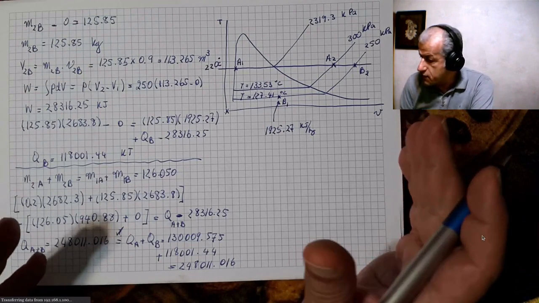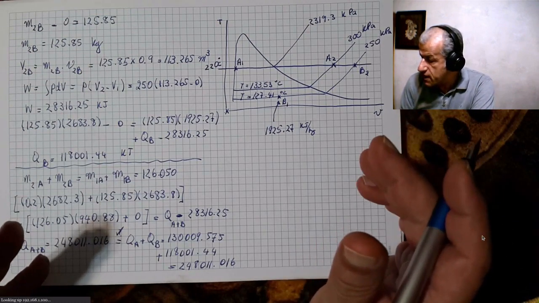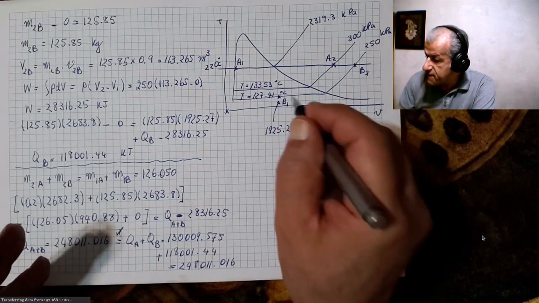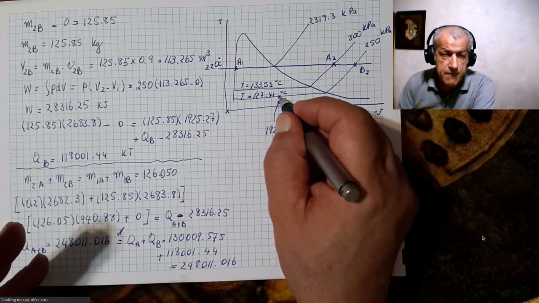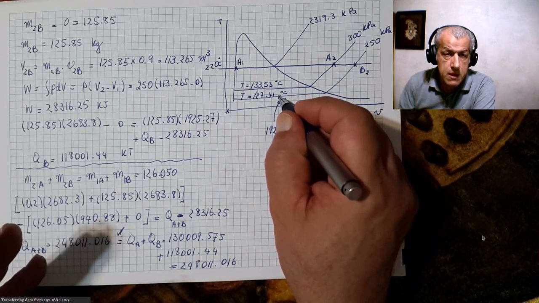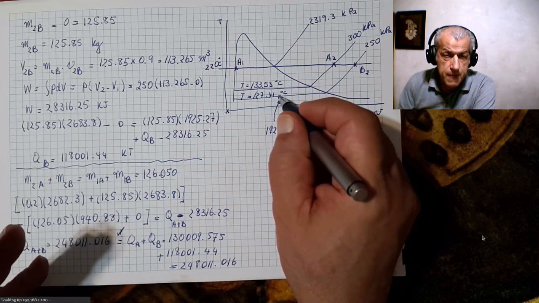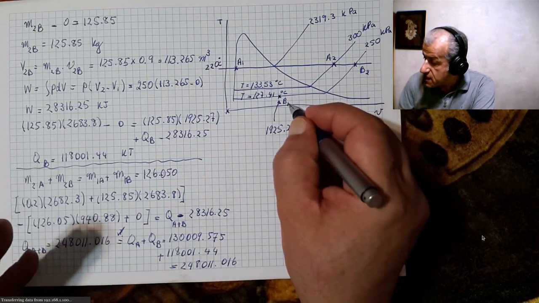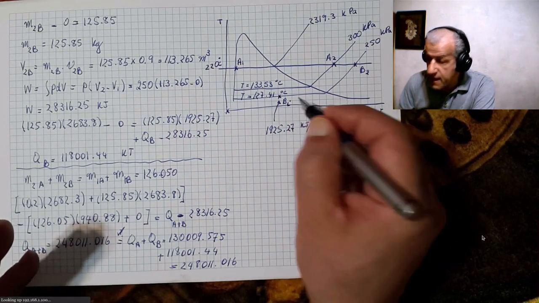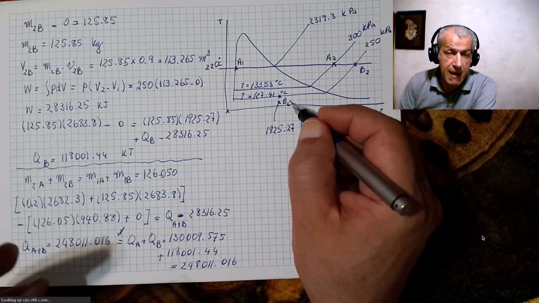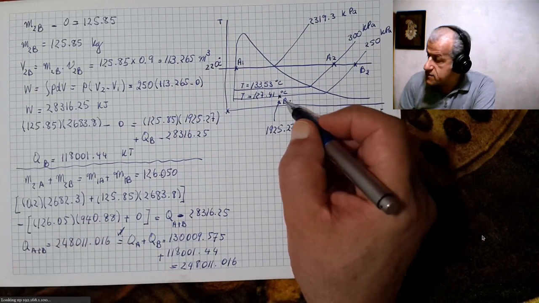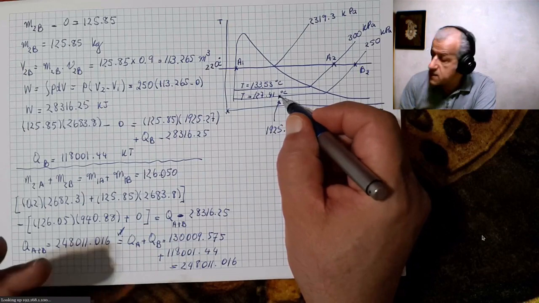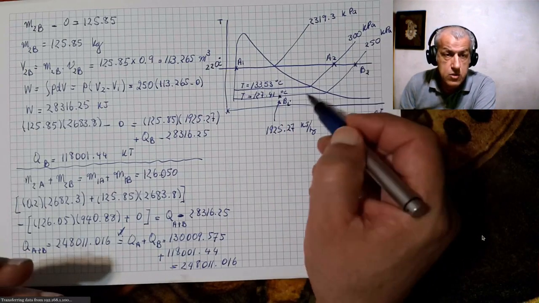And of course, what happens is that every drop of water that enters B, this is where, in fact, this is BI. This is the entering mass into B. And as soon as a mass enters into B, it receives heat and goes to B2.